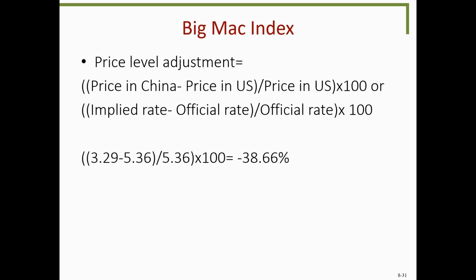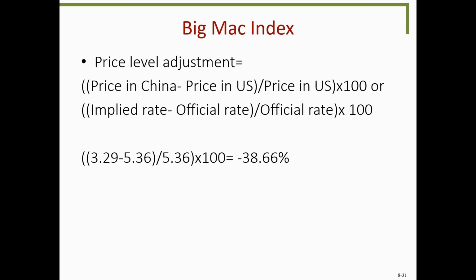If you were doing it for a different country, you would take the price of the country you're in minus the price of the base country, divided by the price of the base country, times 100. The other formula we can use is the implied rate minus the official rate, divided by the official rate, times 100. Here we take the numbers we found in the previous example.